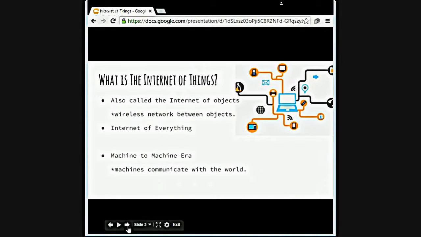Now, what is the Internet of Things? It's also called the Internet of Objects, which are wireless networks between objects, the Internet of Everything, and the machine to machine era. So, machines communicate with the world and the world around us.